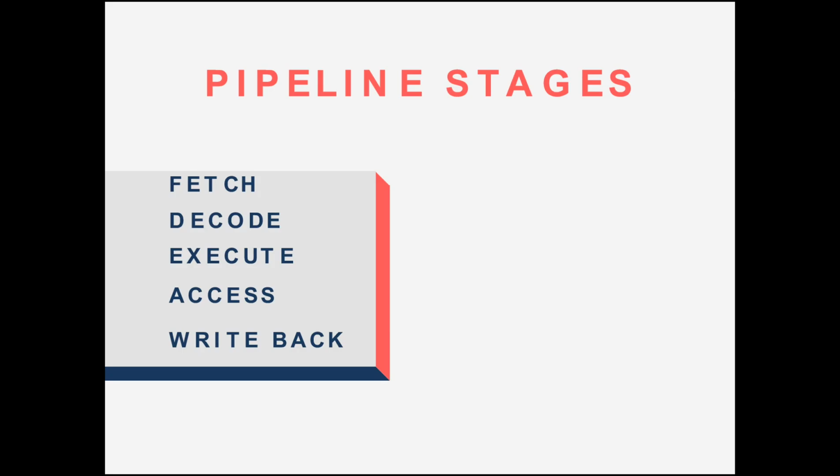Now coming to the pipeline stages. There are 5 main stages of the pipeline. Number 1, fetch. 2, decode, execute, memory access, and write back. In fetch, the CPU reads instructions from the address in the memory whose value is present in the program counter.